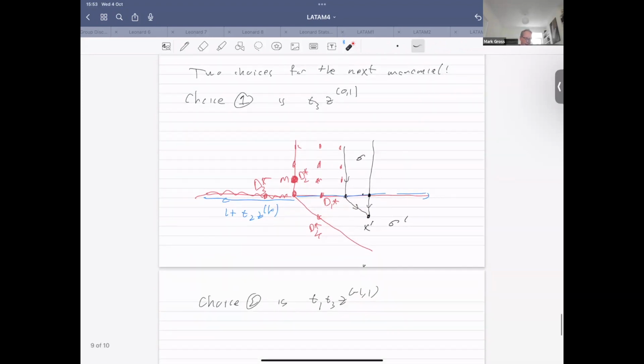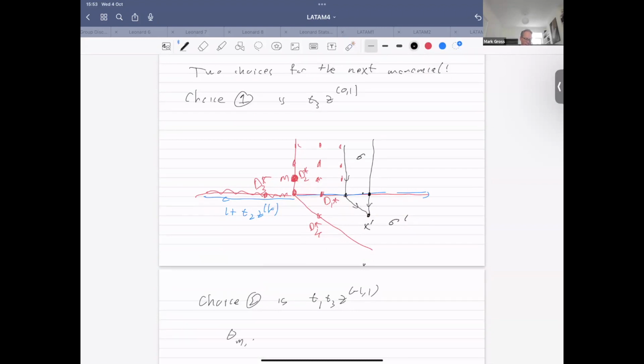And we see that theta at x prime is just the sum of these two monomials, T3 z to the 0, 1 plus T1 T3 z to the minus 1.